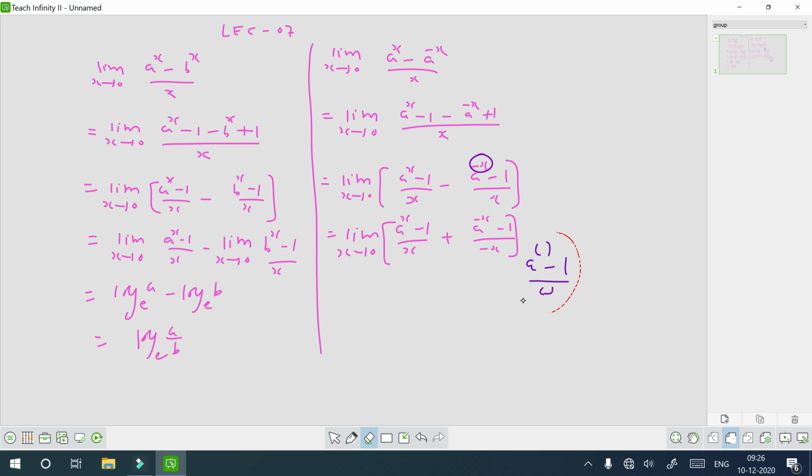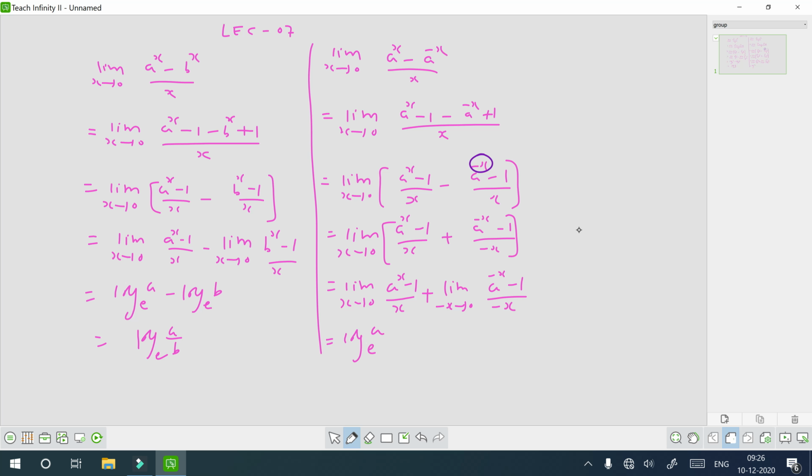Yes, we can write it. Now we can separate term by term. Limit x tends to 0, a raised to x minus 1 over x plus limit of a raised to minus x minus 1 over minus x, and minus x tends to 0. As x tends to 0, definitely minus x also tends to 0.